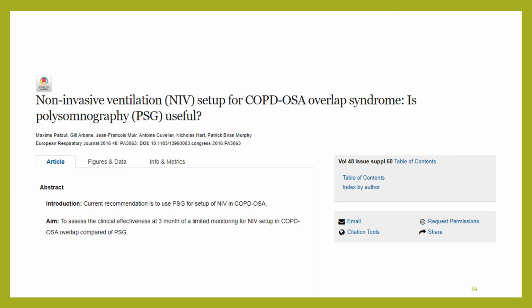I found another study on the use of non-invasive ventilation for patients who have COPD-OSA overlap syndrome. They wanted to know whether polysomnography was useful in this group of patients. They did a small study of 12 patients, all of them identified as having obstructive sleep apnea and COPD.